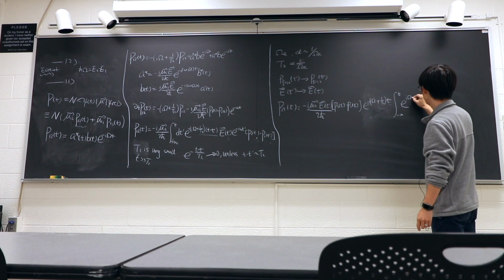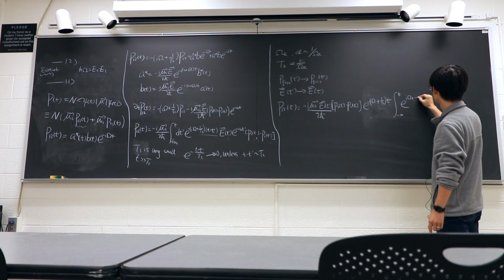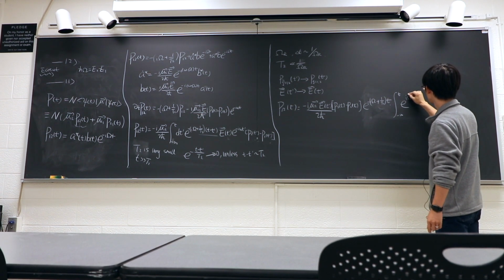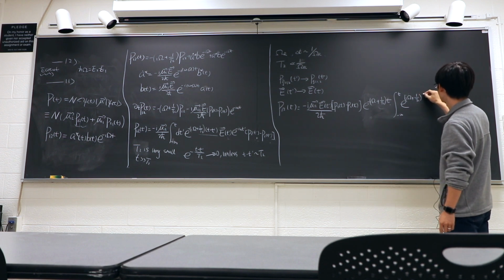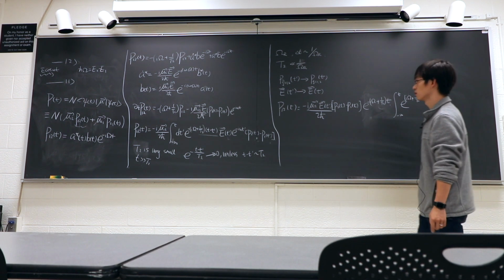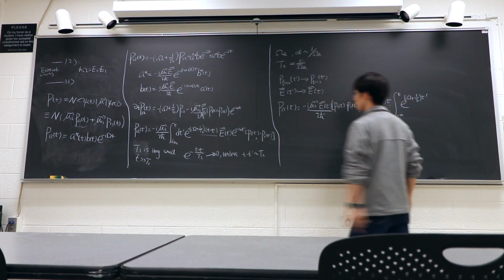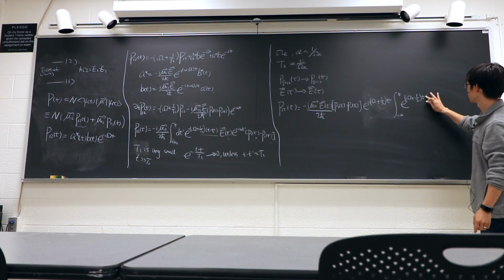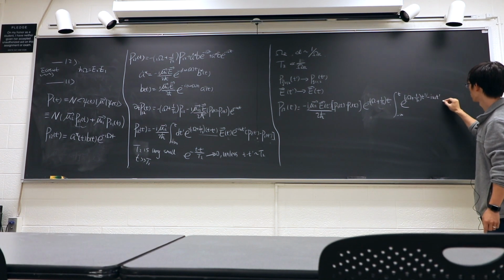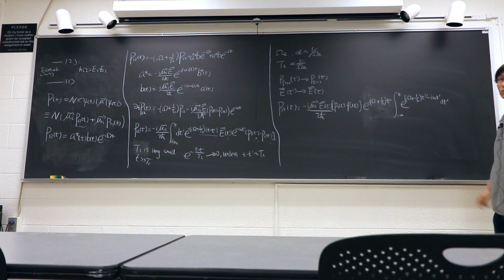I omega plus T2, okay, t, and then t prime. Okay. Here is another one with t prime minus I omega t prime, dt prime. Okay.